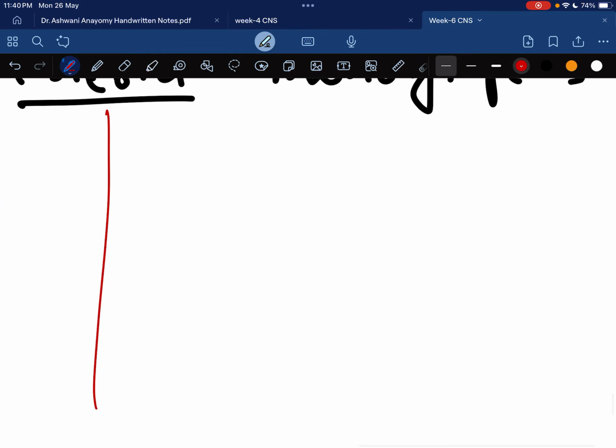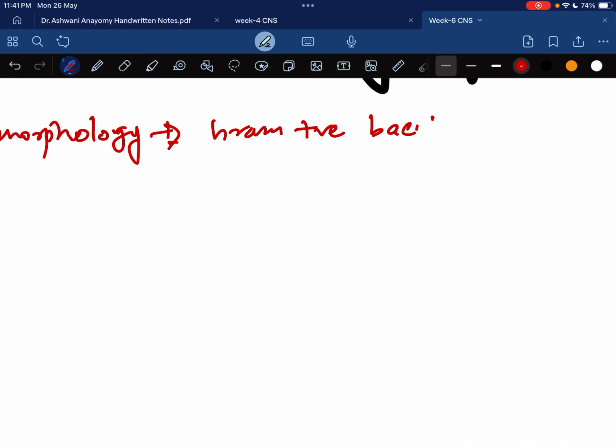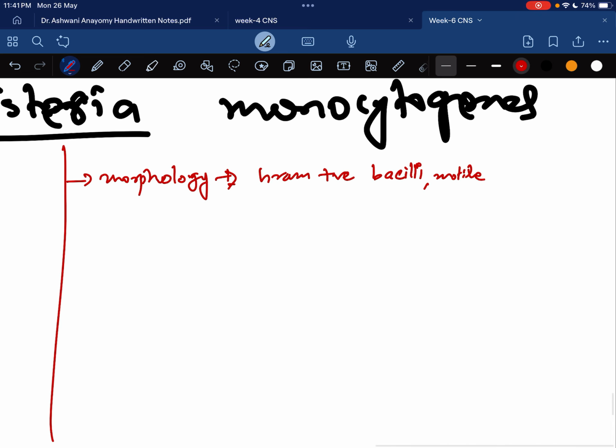For morphology, this organism is a gram-positive bacillus. It is motile, and the motility is a tumbling motility. It is a facultative intracellular organism.